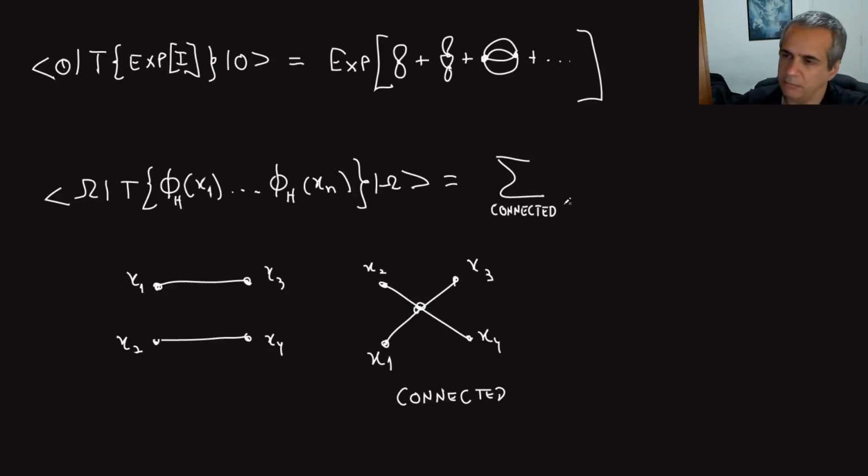Well, with what we got so far, we can basically calculate any Green function in lambda phi 4, a lot of scatterings. And now we can move ahead to more advanced subjects.